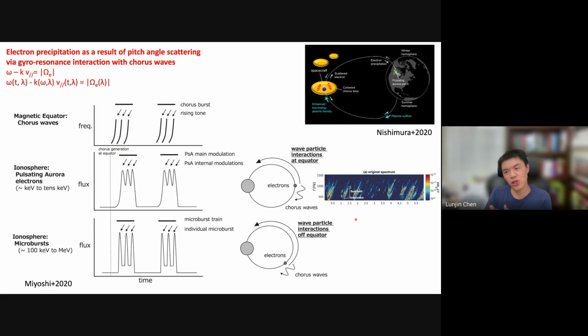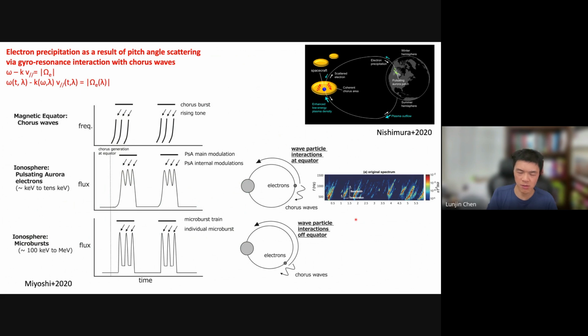And then in terms of the on and off feature of chorus wave elements, we do have a theory for that. One theory is like this. We see this in the PIC simulation. If you do the PIC simulation, you can simulate the chorus element by using an unstable electron distribution.